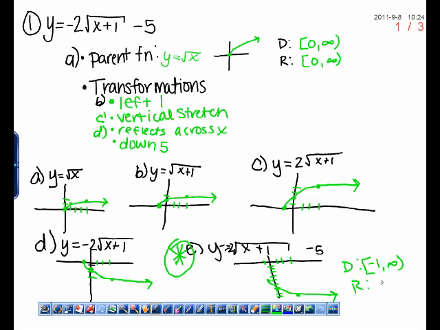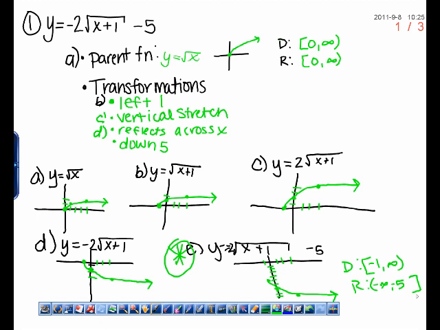Okay, it's tempting to say negative 5 to infinity. But remember, in interval notation, we go from the bottommost number to the topmost number. So what's the bottommost y value? Negative infinity. So here we're going to go negative infinity to 5, or sorry, to negative 5. What's going to be around negative 5? Bracket.